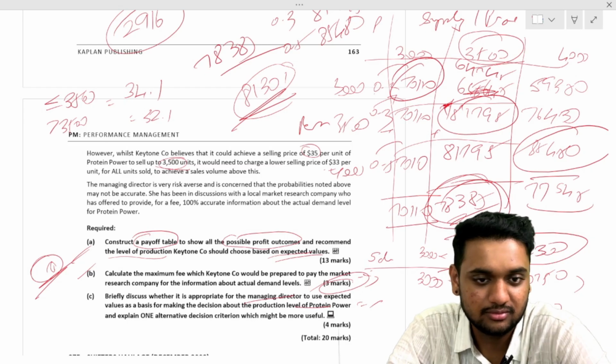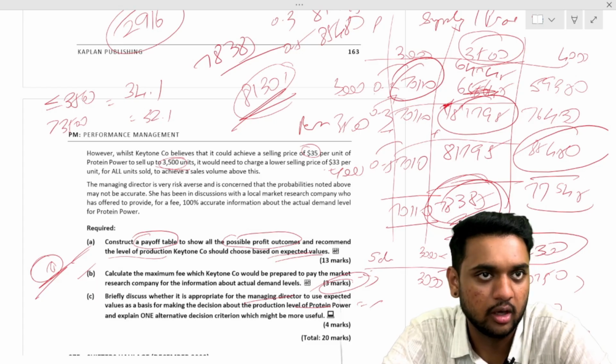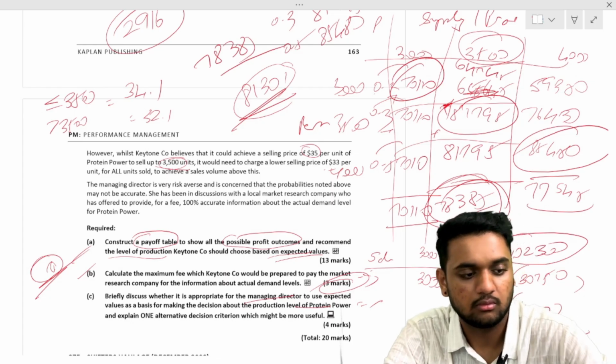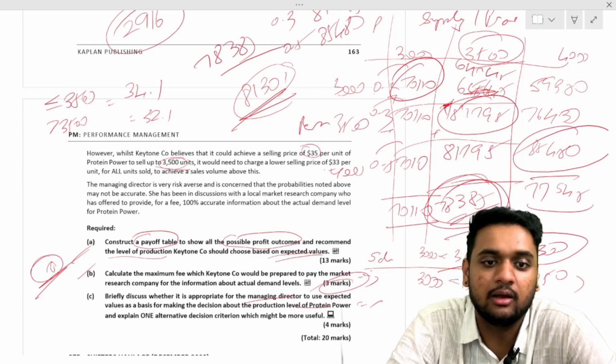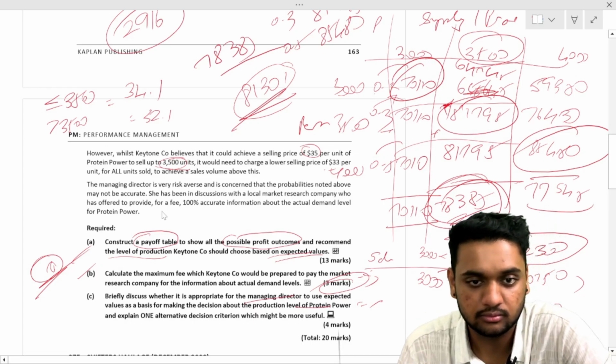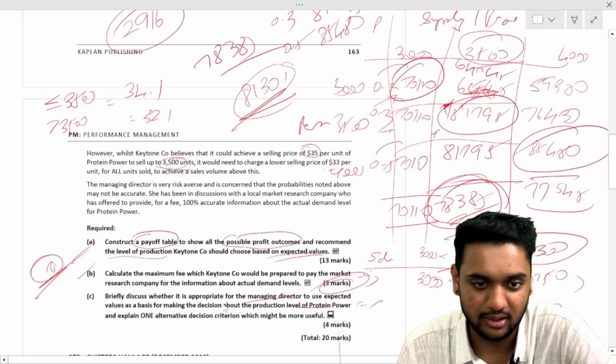Okay. But then we have that staff value. We have no staff value. Okay, so we use minimax, we can produce a minimum. But in minimax, they keep saying that the managing director is very risk averse. It's considered that the probability may not be accurate. That probably you can write.